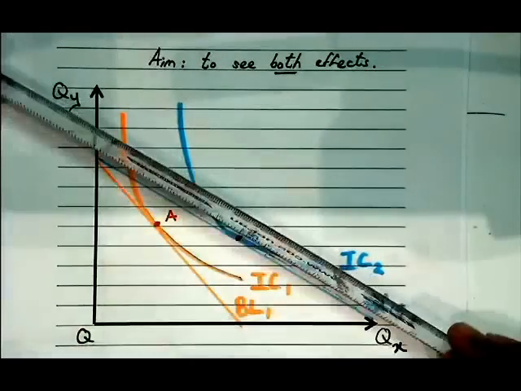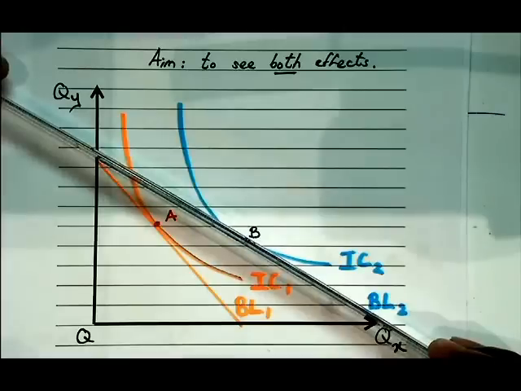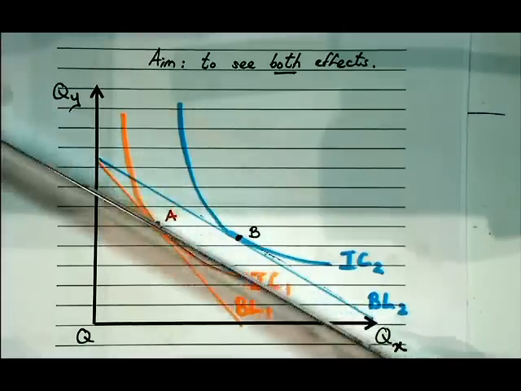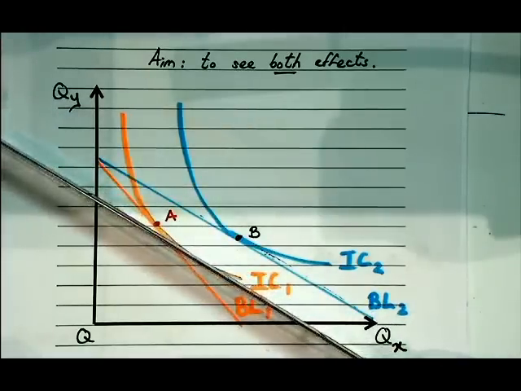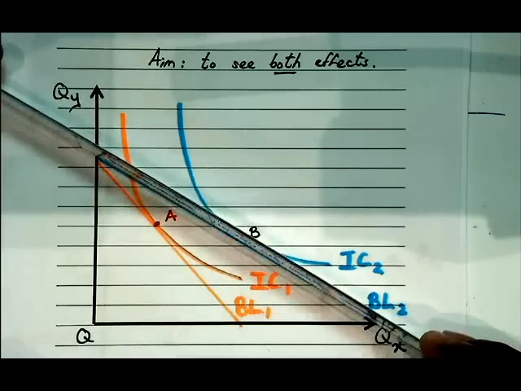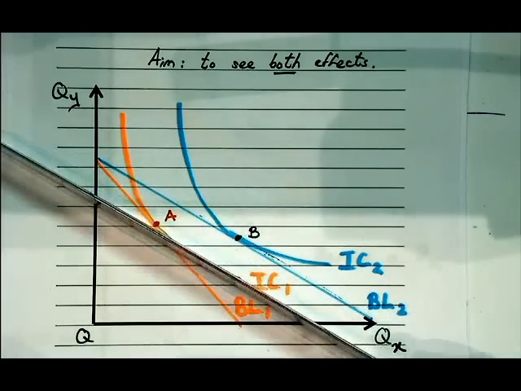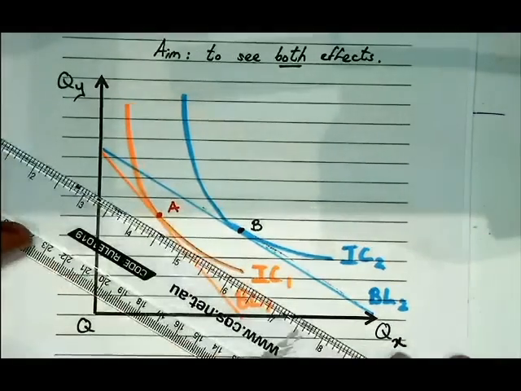Take your ruler and you move the new budget where? Back to the old indifference curve until you hit a tangent point. You keep moving the new budget back to the old indifference curve until you hit a tangent point.